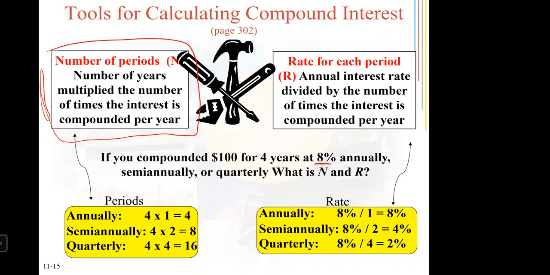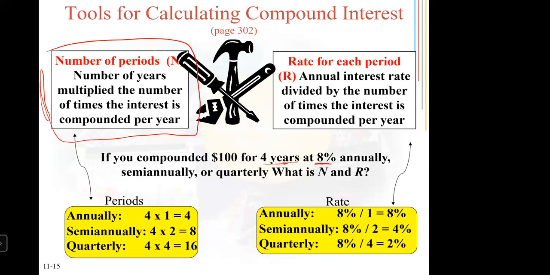So if you have a question like this one, which says if you compounded $100 for 4 years at 8% annually, that means that annually, you're going to have 4 periods, okay? Because it says number of years multiplied by the times the interest is compounded. So it's only once a year, so it will be 4 periods.